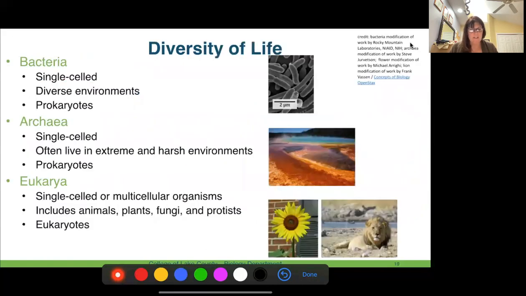So here's our breakdown, our bacteria, our archaea. If you've been to Yellowstone, I probably got pictures that are even more spectacular than this because I was there last summer. All those really pretty colors we get from the archaeans. And so, like I said, these two groups are prokaryotic.